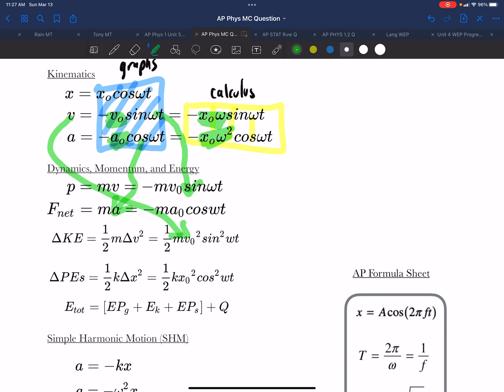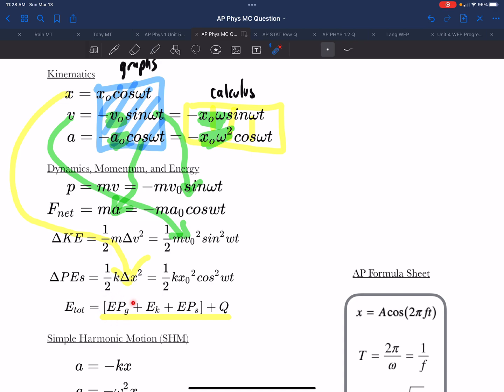And when it comes to the potential energy of a spring system, this is our potential energy of a spring, well, delta x is x. It's a matter of substituting in for x. And I almost want to have a reminder here for everyone that the total energy of a system, as we define with the law of conservation of energy, is the sum of all the energies, and that was just changing back and forth from each other.